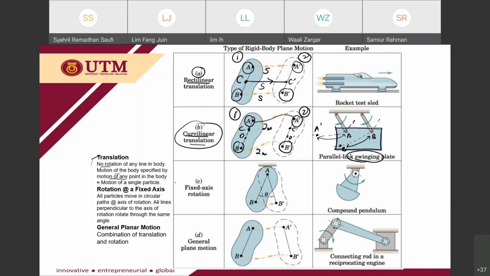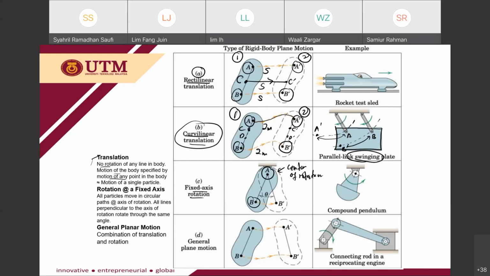Alright, so another motion is a fixed axis rotation. It means that you will have a center of rotation, and another point rotates about that center of rotation. For example, you have this rigid body. A is your center of rotation, and B is rotating about A. If this system is in motion, you may notice that only point B is moving.